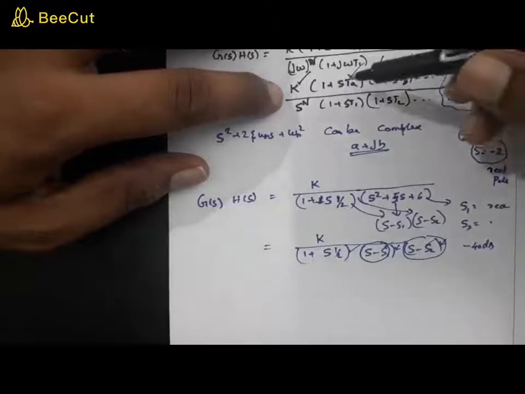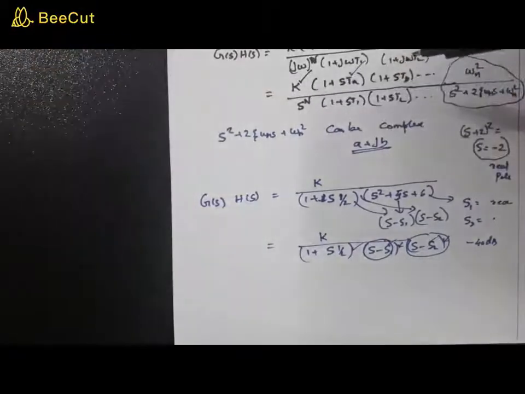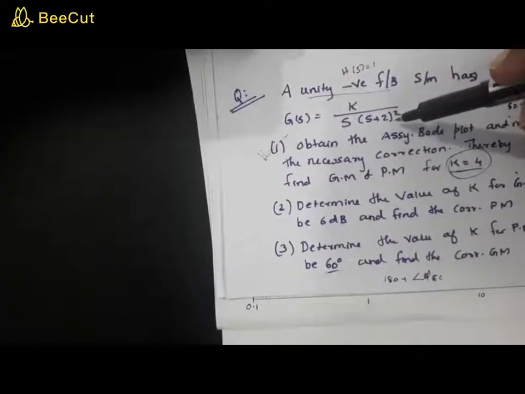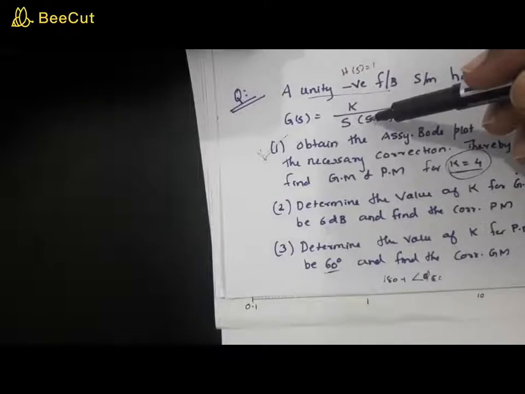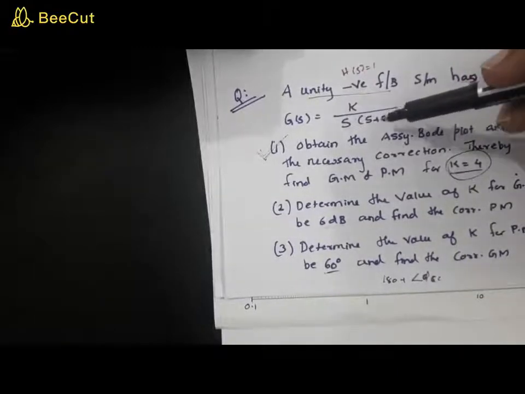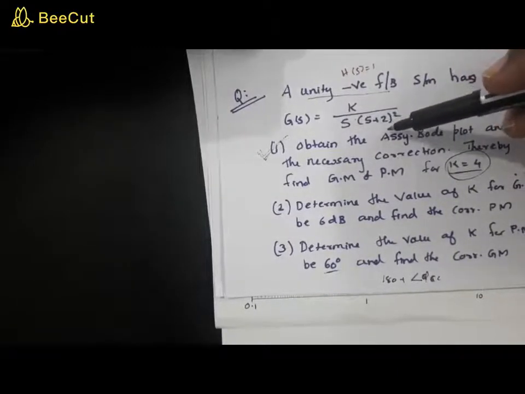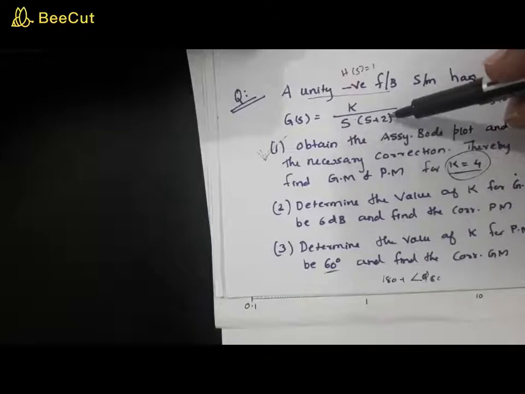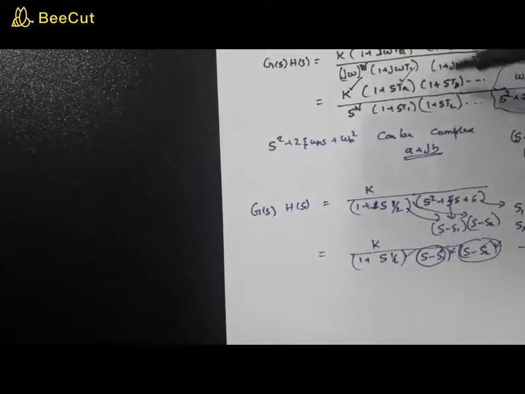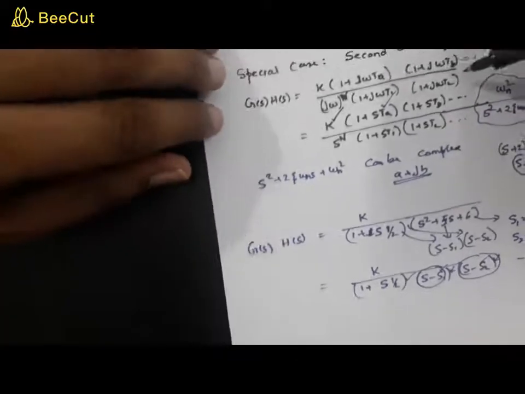Now (s plus 2) the whole square can be considered as a first order factor as well, as a product, s plus 2 into s plus 2. When you individually consider, each term will offer minus 20. Combining that you will get minus 40. So that is not a problem for us.